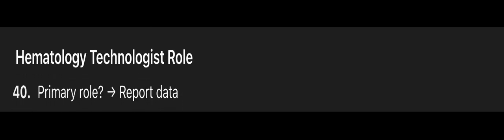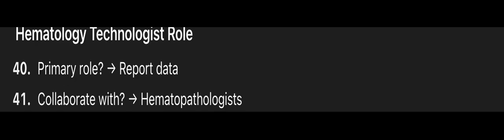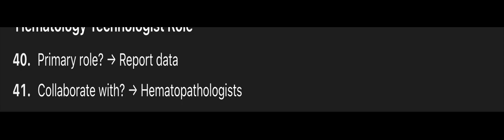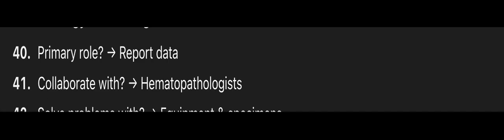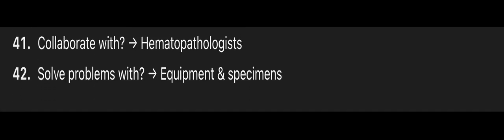What's the primary role of the hematology technologists? Report data. Who do hematology technologists collaborate with? Hematopathologists. And what kind of problems do hematology techs need to solve? Problems with equipment and specimens.